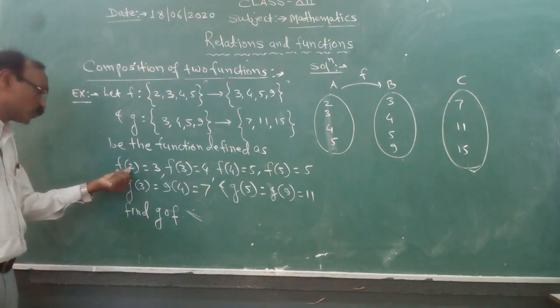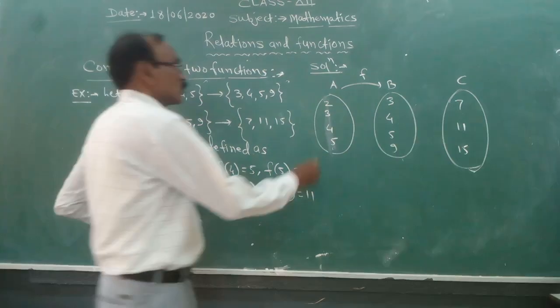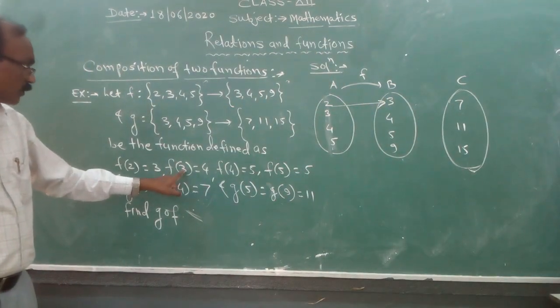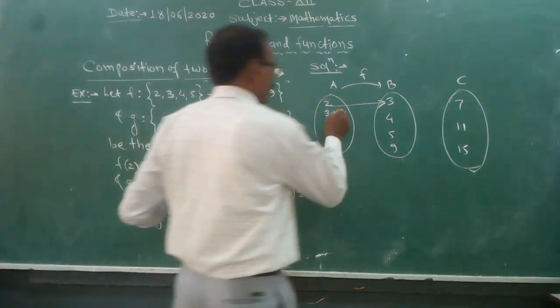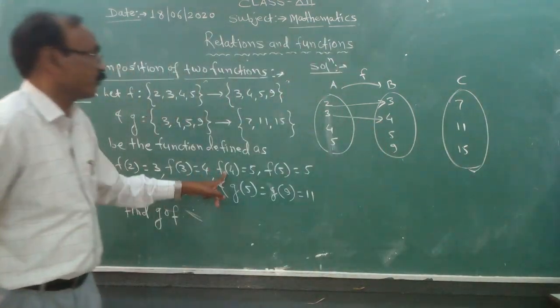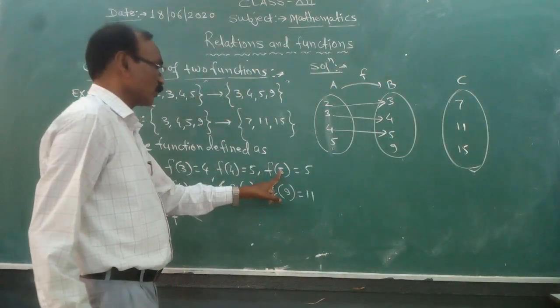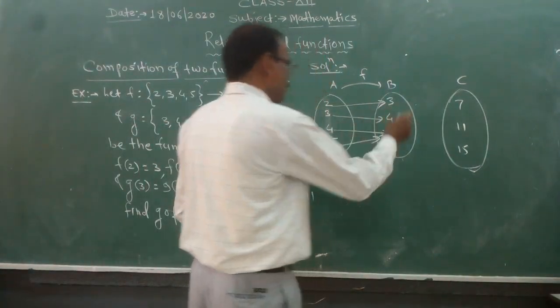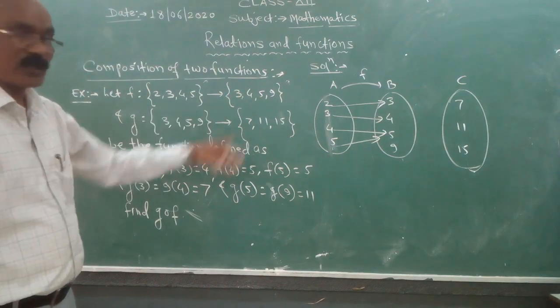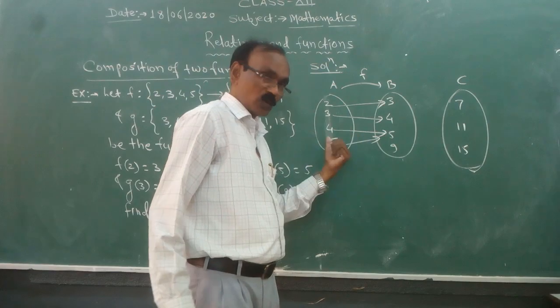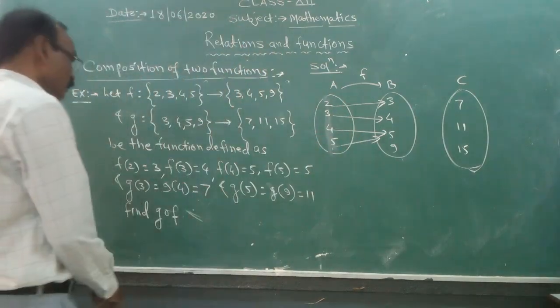What is the image of 2 under the function here? That is 3, so 2 is related with 3. F of 3: what is the image of 3 under the function here? It is related with 4. F of 4 is 5, and f of 5 is also 5. So it is a function. It is a one-one function, not onto, because 9 is not related here, so not an onto function.